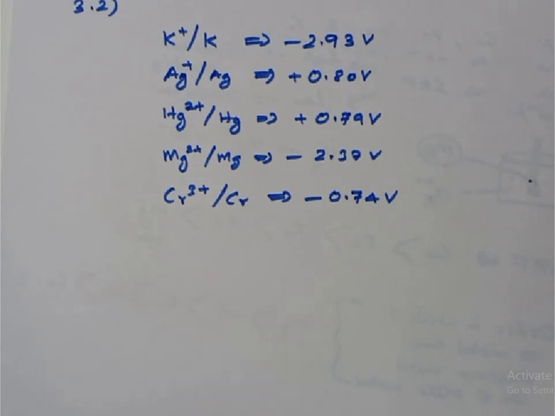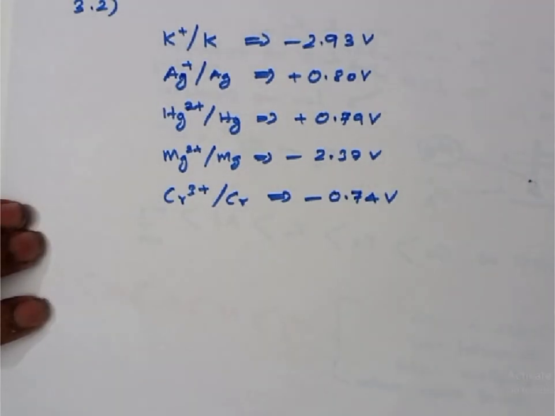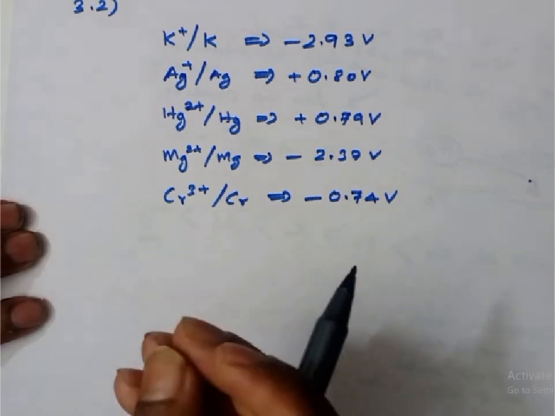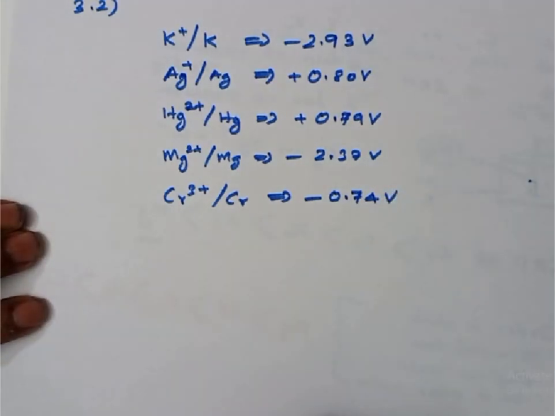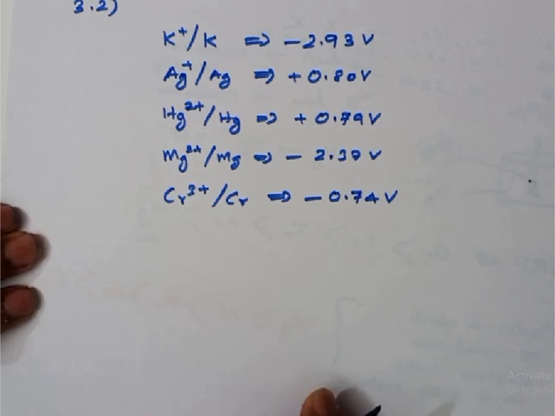Reducing power means how easily this metal can reduce the other metal. That is called reducing power, or reducing property. Now, you know very well, if any metal readily donates electrons, then that metal can act as a good reducing agent. So in the order of reducing power they are asking.